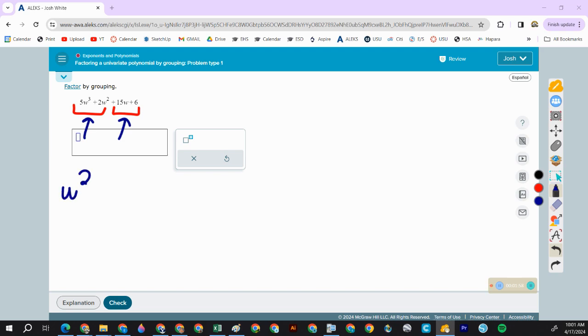W squared. And what's left? 5w plus 2. Okay. And then plus, what does the second set have in common? A 3. So I'm going to pull out a 3. And I'm left with 5w plus 2.